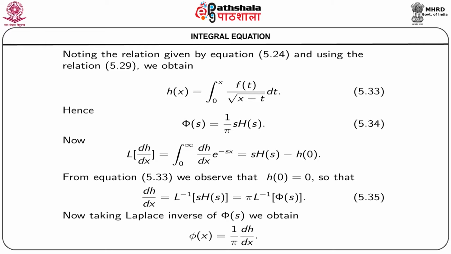Again we simplify and we consider Laplace transform of dh dx, where h is given by 5.33. So, if we perform integration by parts, then we see that Laplace transform of dh dx is given by s capital H s minus small h at x equal to 0.